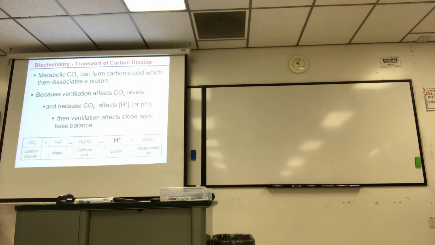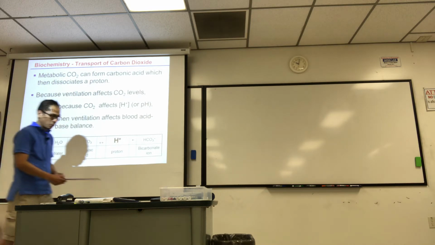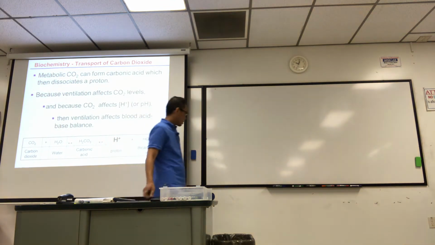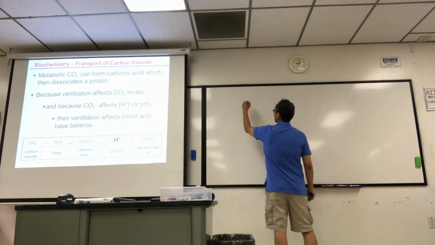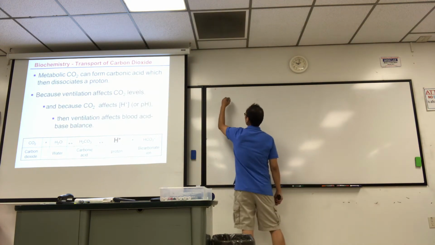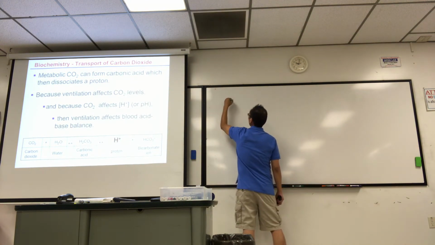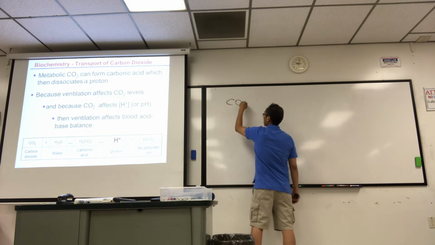Now, in terms of the chemistry, metabolic CO2 can form carbonic acid, which then dissociates protons. So that's this equation that I wrote earlier. Let's rewrite it. Good old CO2.